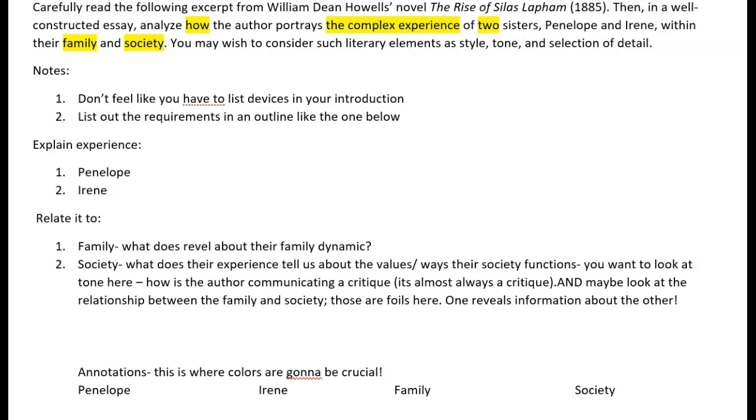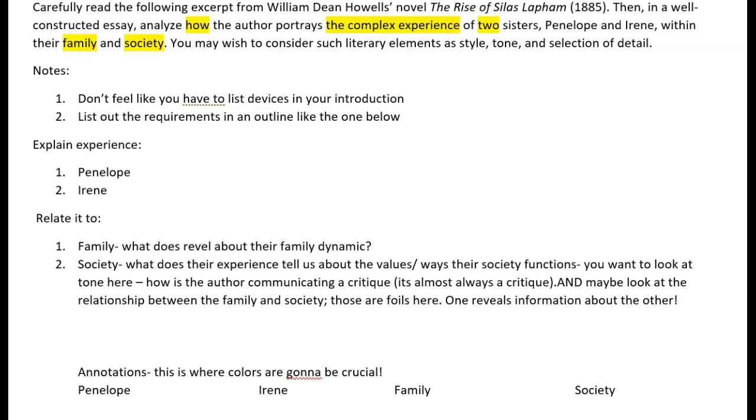But then the big kahuna, if you want to get a 5 or a 6, is that you need to make sure that you relate their relationship with their family to the broader relationship of society and how it reveals a few things about their society. A lot of times they ask this question on the Q2, and it's almost always a critique.